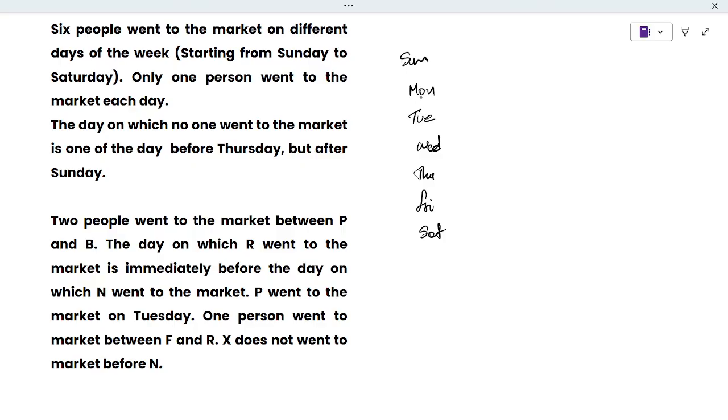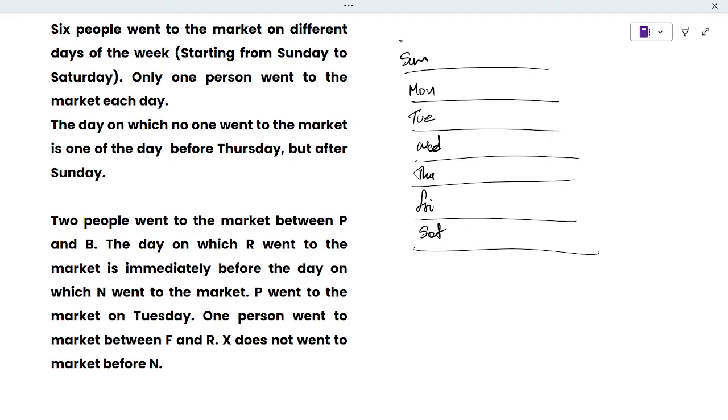So it can be Sunday, Monday, Tuesday, or Wednesday. There will be a vacant, empty day.